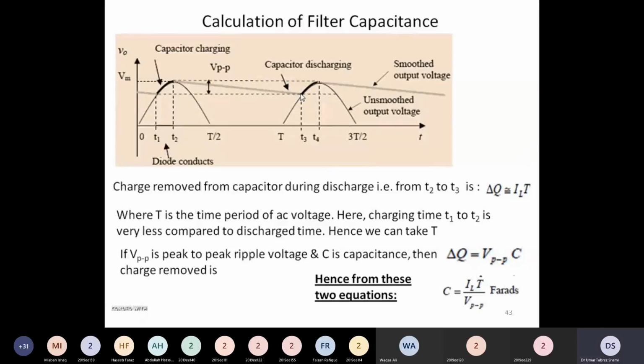And as a result, we see that the output voltage now has a lesser ripple as compared with the previous one.